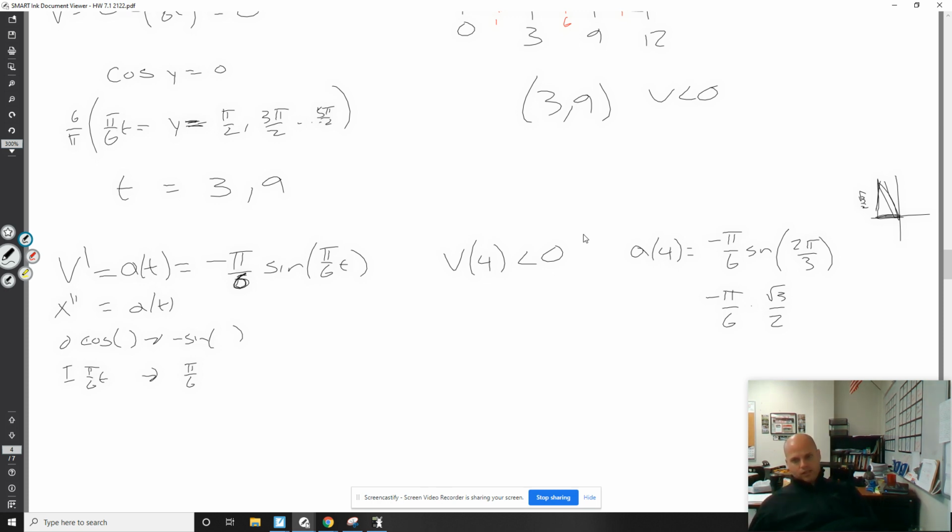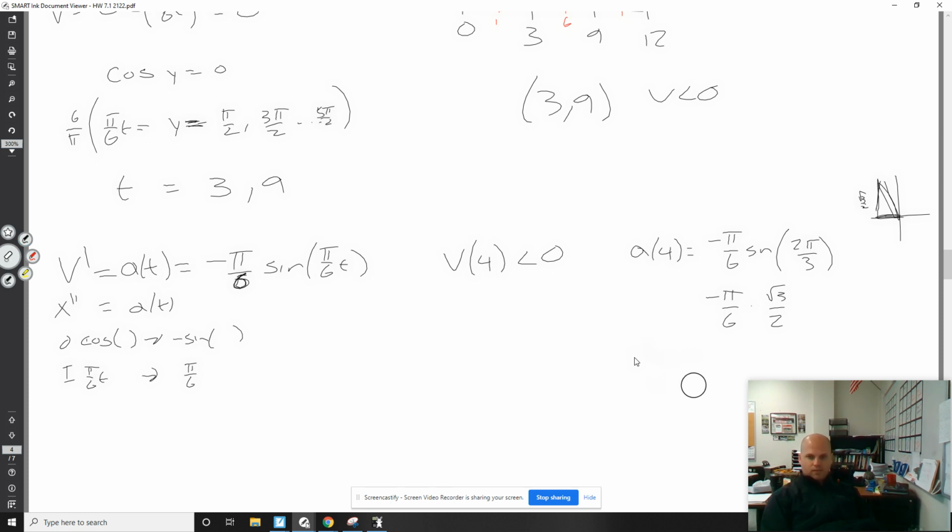Okay. Velocity is negative. The acceleration is negative. Velocity is decreasing. Okay, v prime, which is a, negative. v decreasing. Negative velocities that are decreasing, speeding up. I am going to the left, but my velocity values are becoming negative 5, negative 6, negative 7, negative 8.